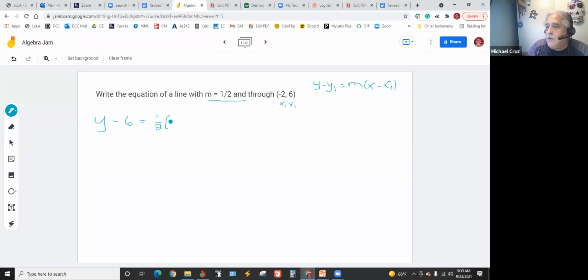times x minus, oops, let me back that up there, 1 minus 2. So remember, you have to account for that double negative there. So that's going to be y minus 6, and then we have to run it through here to distribute.